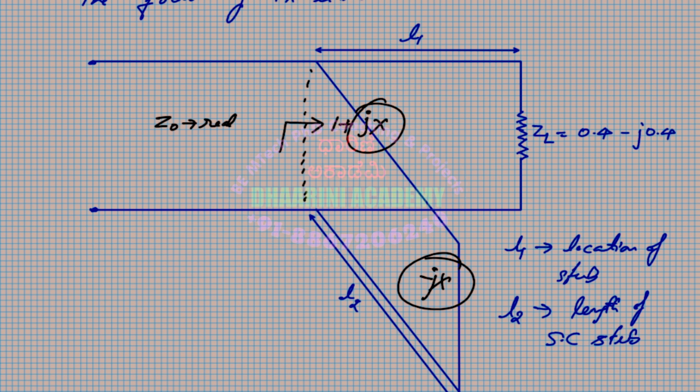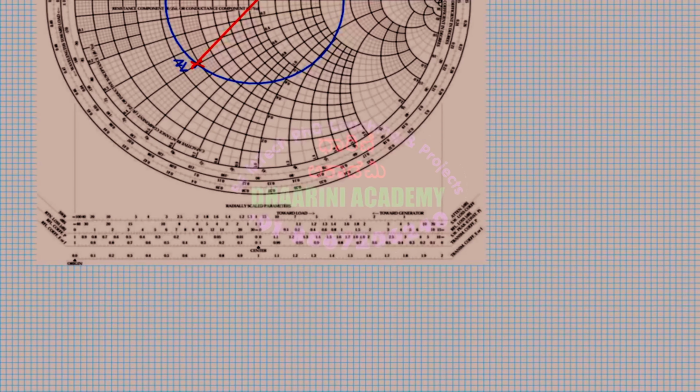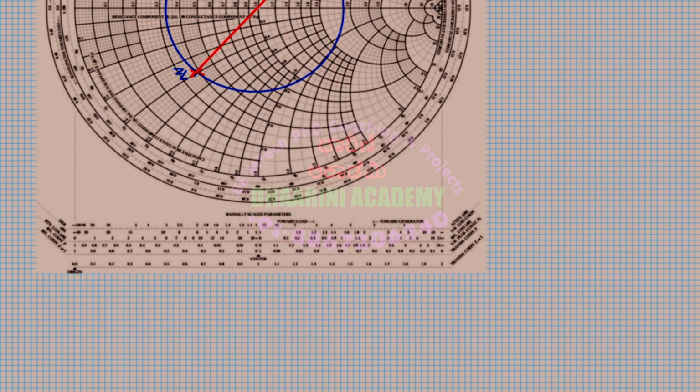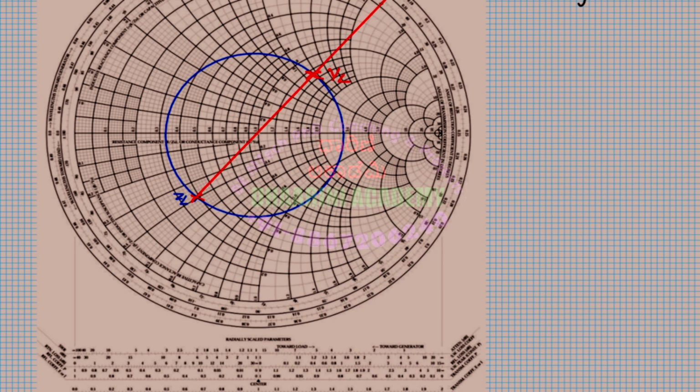You understand that, right? In order to get this 1 in the first place, I can get 1 plus whatever, it doesn't matter. 1 plus j5, I am fine with that. 1 plus j10, I am fine with that. I have to get a 1 first. So how do I get that 1? Let's go to the r equal to 1 circle.